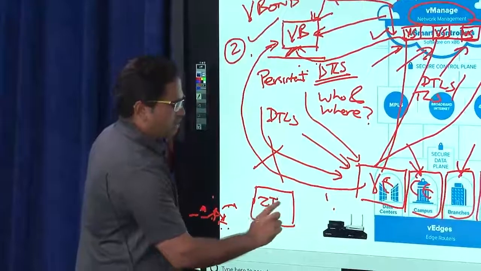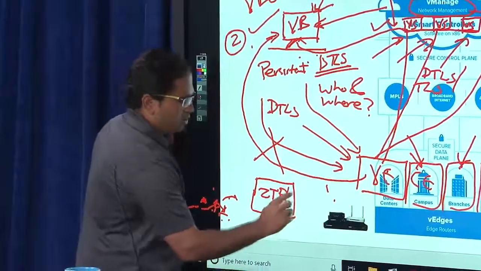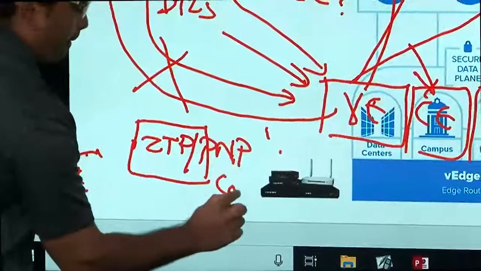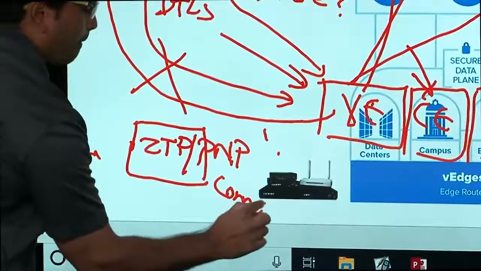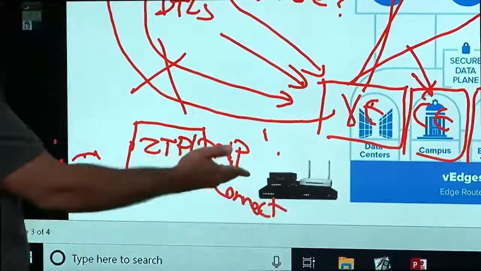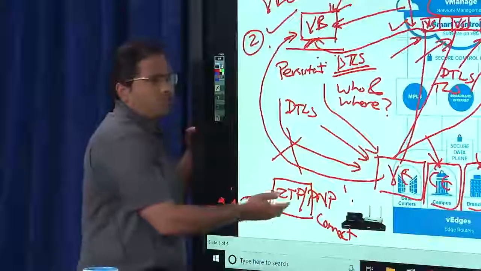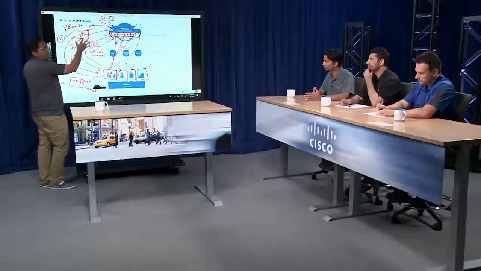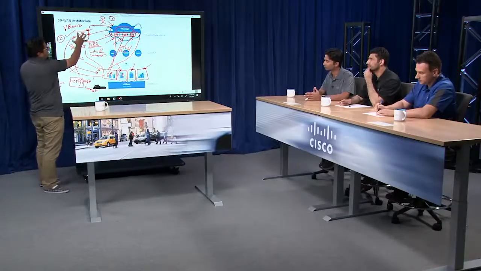We call it the ZTP server or the PNP Connect. So it's the plug and play connect or the zero touch provisioning server. This essentially is just another vBond. That's all it is.